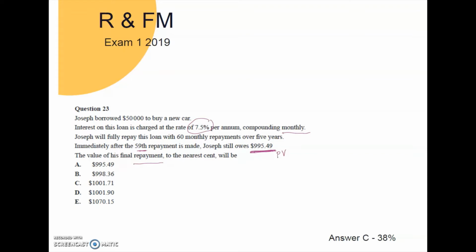So that's our starting point. We're going to make one final payment, which means our N will be 1. And we want our future value to be 0 so that our loan is paid out, and we can solve for what our payment is for that particular scenario to occur.